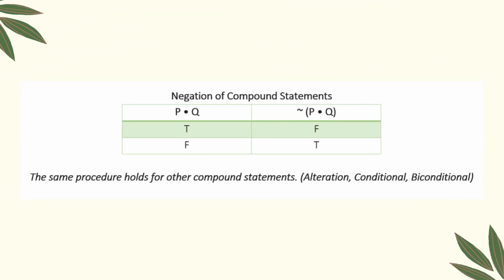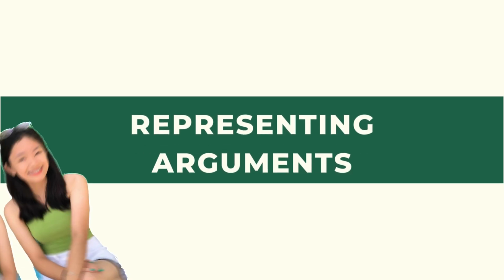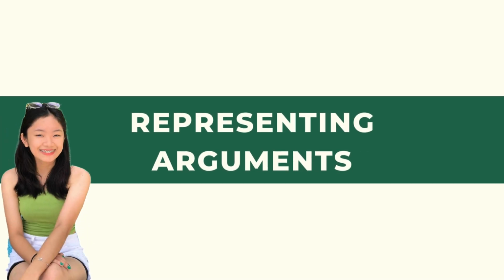Additionally, we have what we call negation of compound statements, wherein the same procedure holds for other compound statements, such as the alternation, conditional, and the biconditional. As we go through this, I want to discuss how we can represent arguments.